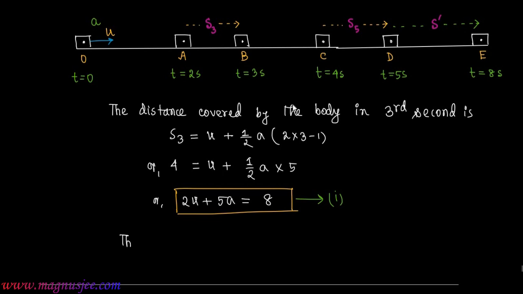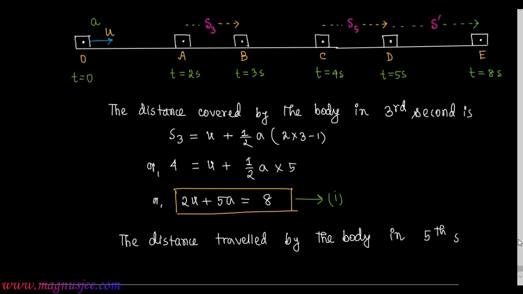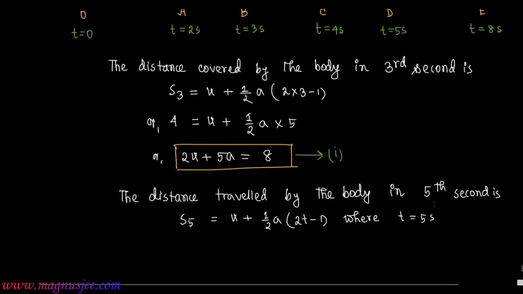Similarly, the distance traveled by the body in fifth second, that means between 4 second and 5 second, is given by S5 equal u plus half a into 2t minus 1, where t is equal to 5 second.